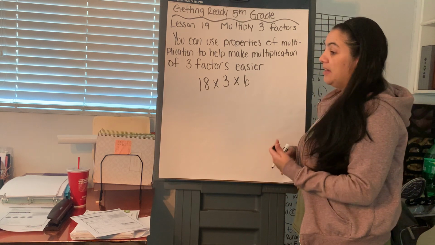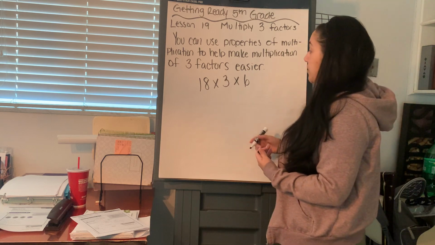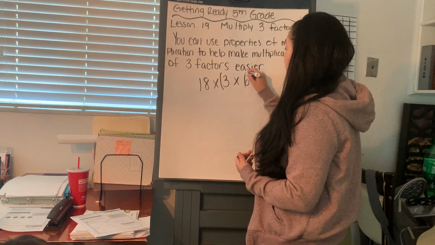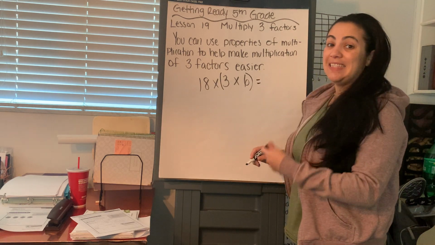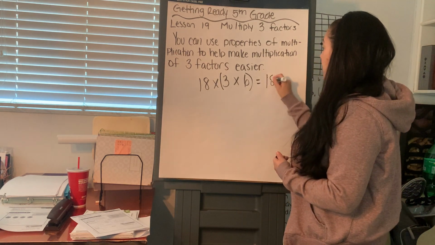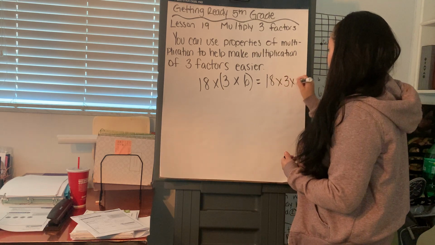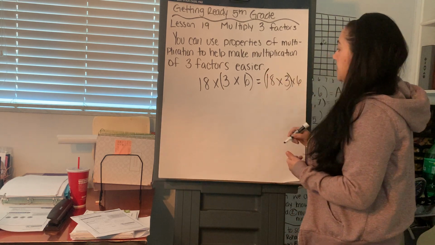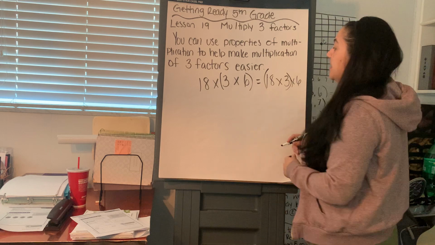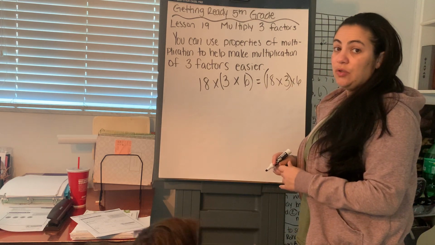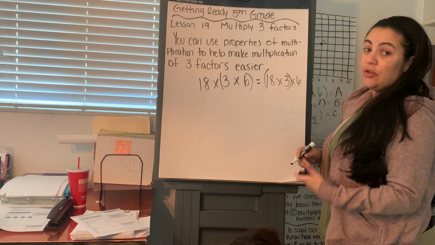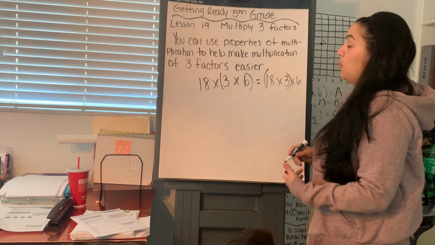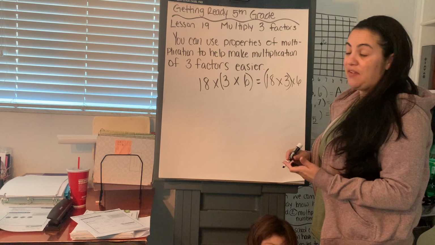Here, the easier number that I would see to group first would be 3 times 6. This multiplication problem is the same as if you would multiply like this. But I see that doing 3 times 6 first would allow me to multiply easily when we begin multiplying the 3 factors.